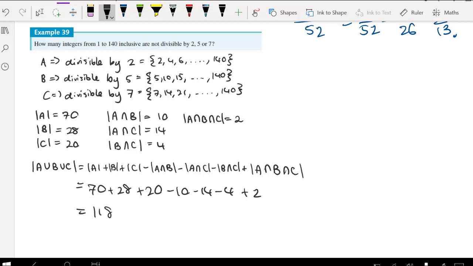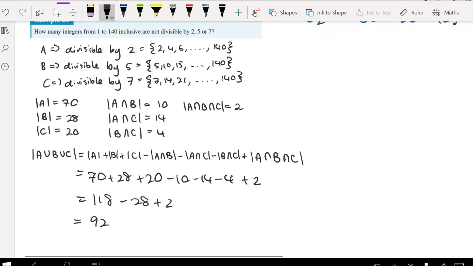So we have 118, subtract 28, and then add 2. So we end up with 92 that are divisible by 2, 5, or 7.